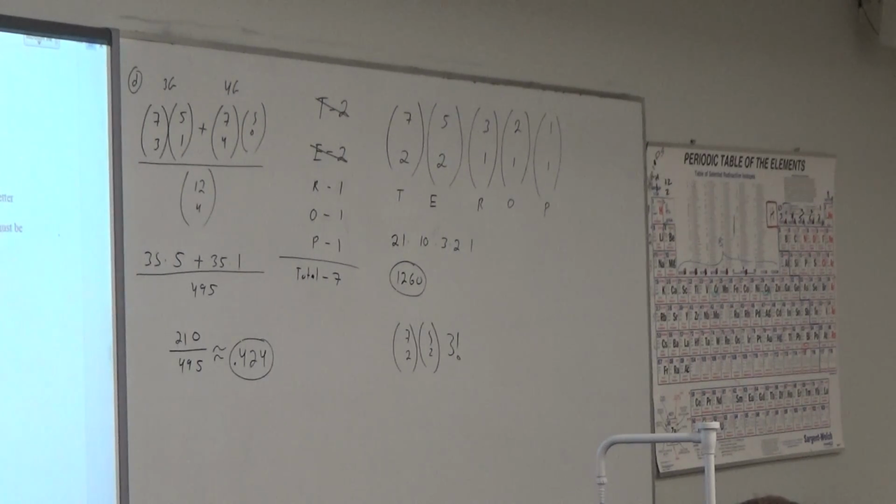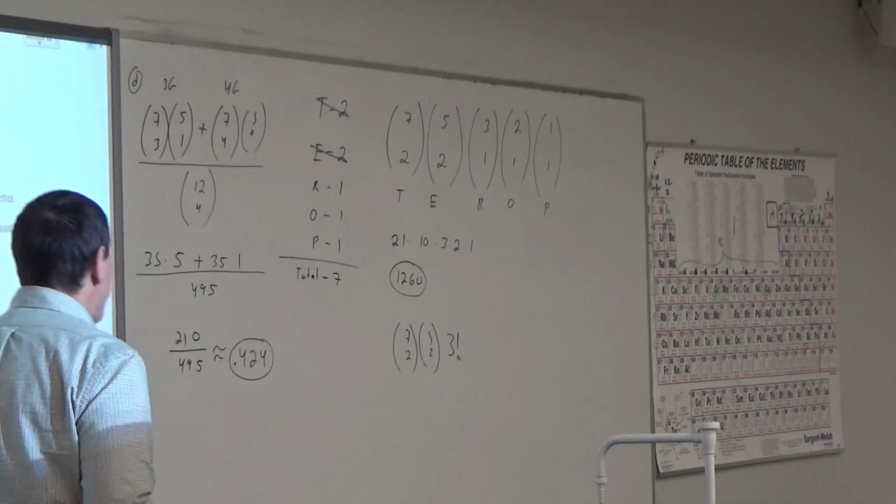In fact, that's what 3 choose 1, 2 choose 1, and 1 choose 1 works out to be. That's another way to do it, especially if you have a lot of unique letters, and it might work faster for some of you. If you don't like that, just do the first way. It's a brute force method. All good, guys?